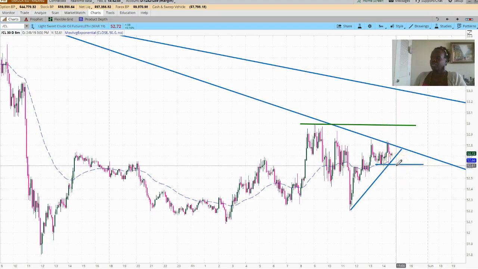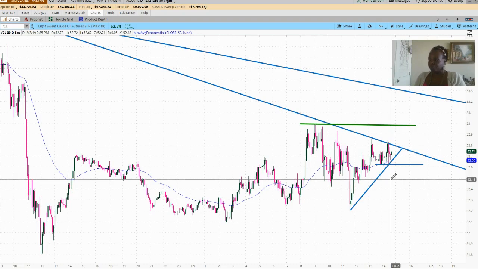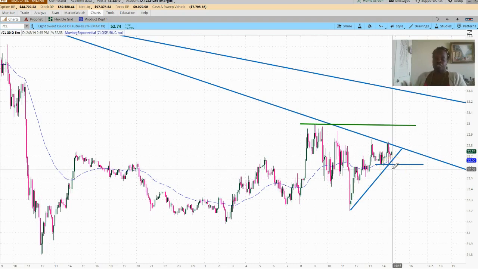Because this support area is so close to the trend line here, I'm going to wait till the market actually breaks this area of support before I take a sell position. It's completely up to your discretion whether you want to wait for that candlestick to close, or you're just looking for it to break and you come in right then. So it's completely up to your risk level.